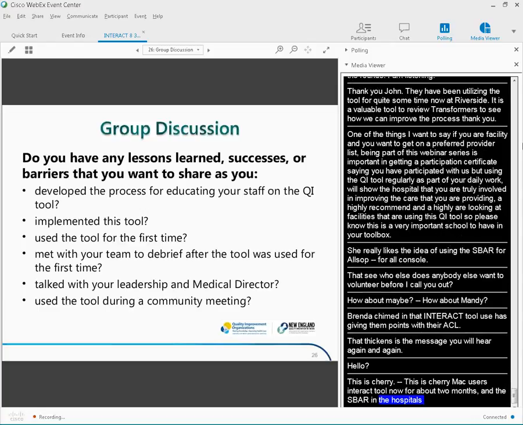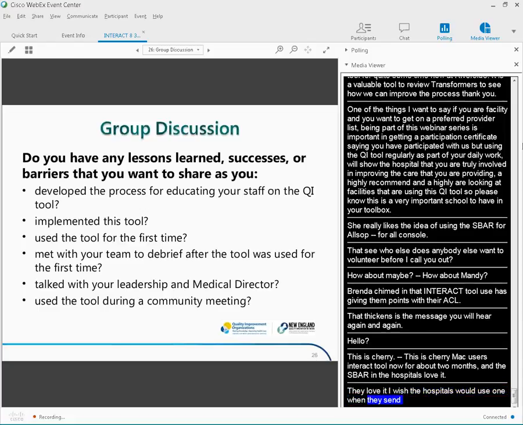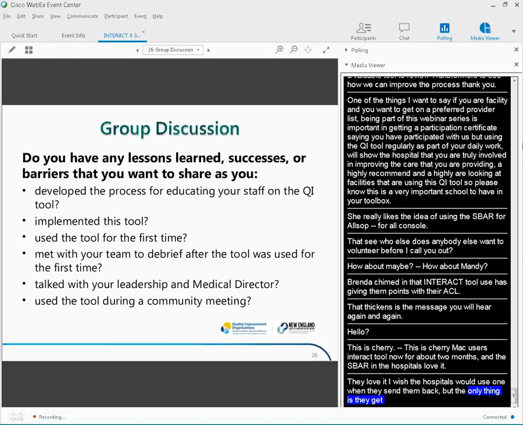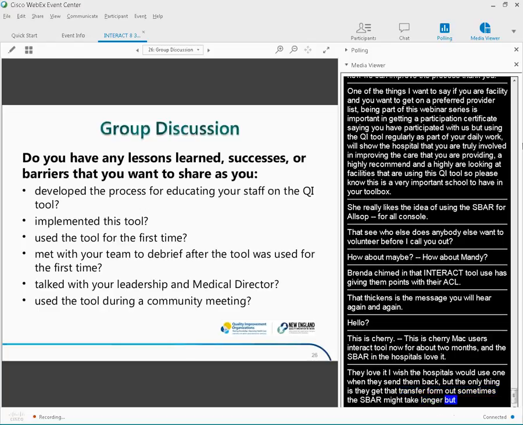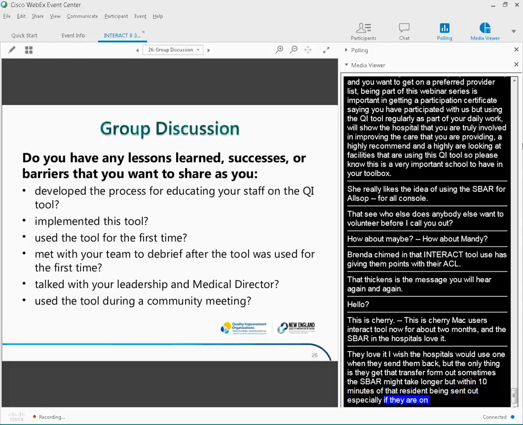I kind of wish the hospitals would use one too when they send them back. The only thing is they get that transfer form out. Sometimes the SBAR might take a little bit longer, but within 10 minutes of that resident being sent out, especially if they're on the floor bleeding or whatever, that SBAR will go out and they restock the ER with it.